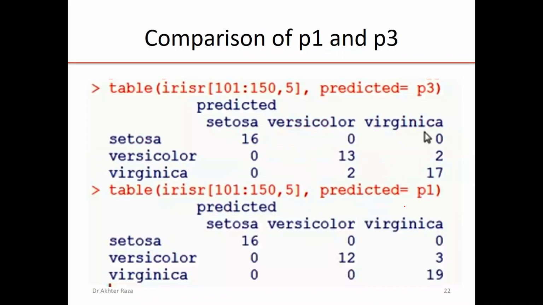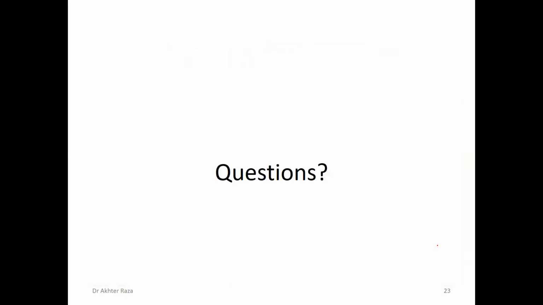Now the two contingency tables are shown on one slide, so you can compare. This is by P3, 2 and 2, 4 misclassifications. Here 3 and 0, only one misclassification, which is versicolor but identified as virginica. So these 3 elements are misclassified. And that's all.